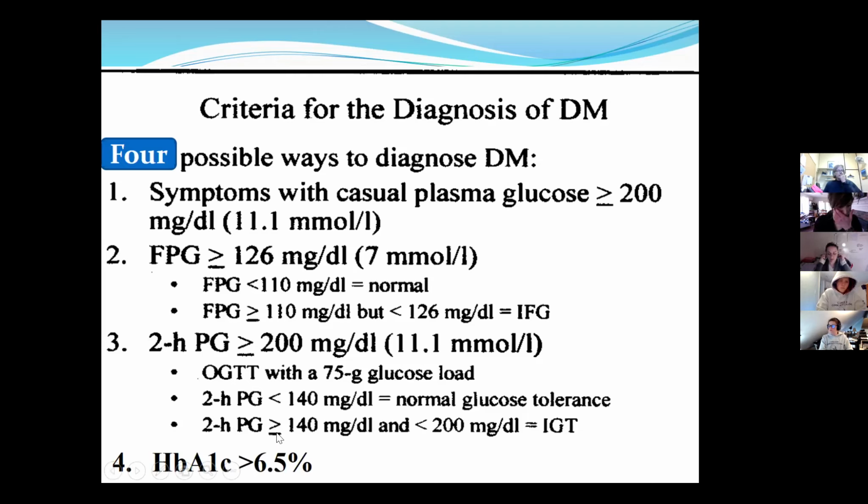And then the last diagnostic criterion for diabetes is what's called a hemoglobin A1C, which is greater than 6.5%.